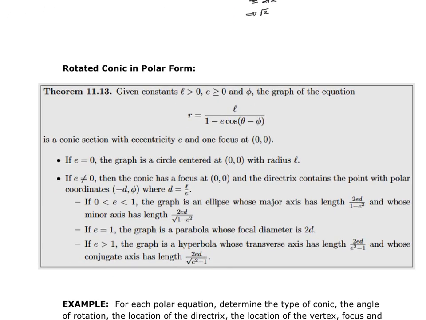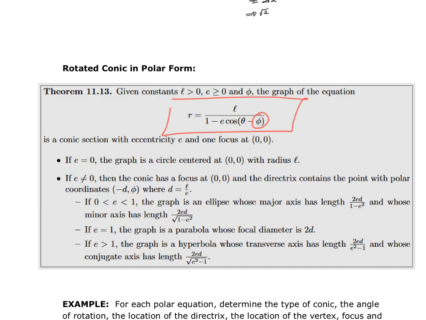Now I can rotate my conics when they're in polar form as well. And here's the equation right here to graph these with the rotation. I still have eccentricity, but I have these other numbers in which I have to worry about. Just like in my rotations, I had to worry about theta. And now I'm also going to worry about phi. Phi, phi, pho, fum.